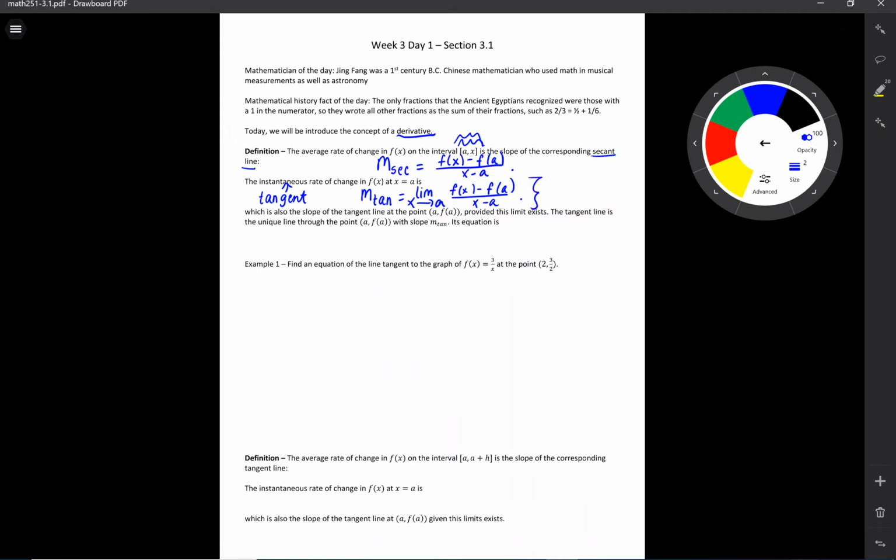So this is also the slope of the tangent line at the point a comma f of a, provided that this limit exists. The tangent line is the unique line through the point a comma f of a with slope m sub tan. Its equation is y minus f of a equals m sub tan times x minus a.